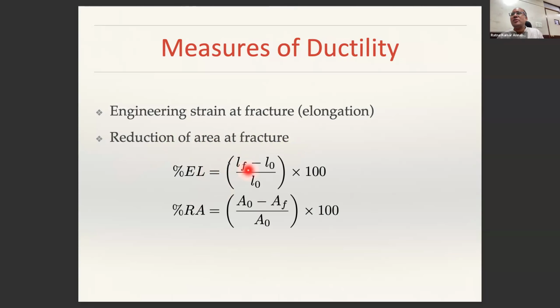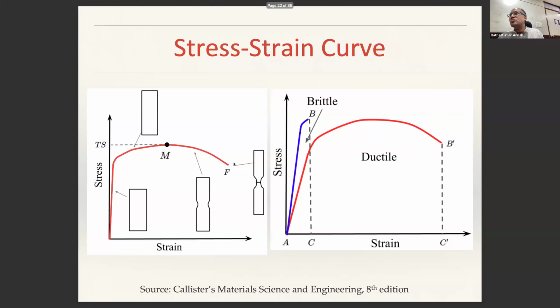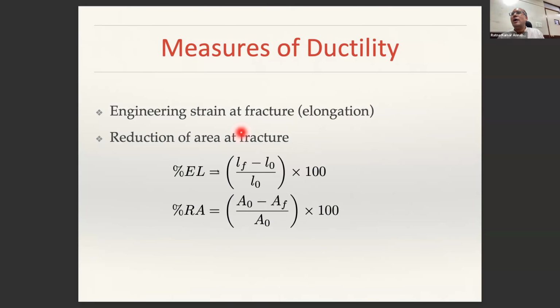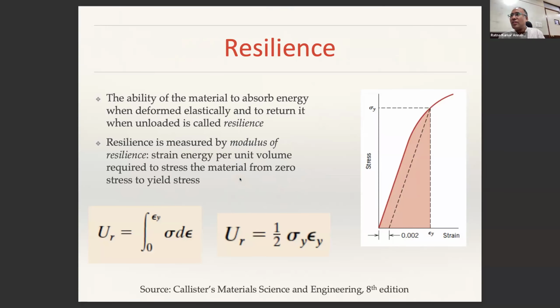The final length of the specimen at fracture minus the original length gives you percentage elongation. Percentage reduction in area is (A0 minus AF) by A0, where AF is the cross-sectional area after the specimen is broken, which you can measure. These are the measures of ductility. If you have large values of these numbers, that means the material has more ductility.